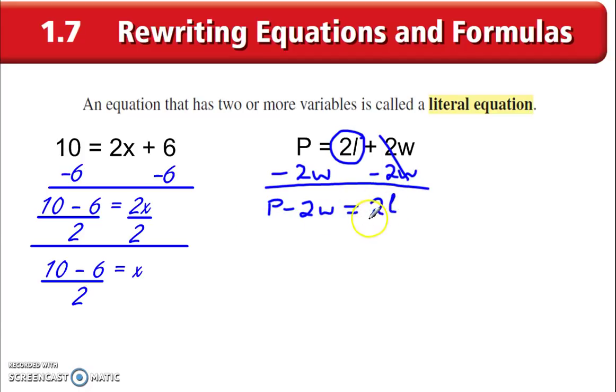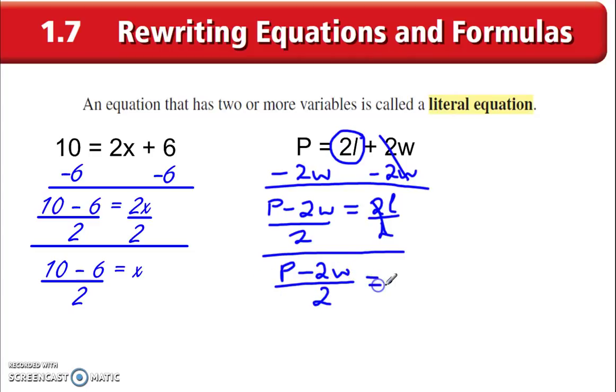And now I want to divide by 2, same steps I was doing over here. Divide by 2 on each side. That cancels out the 2's, and then I have the length is perimeter minus 2w divided by 2. So now, anytime I know the perimeter and the width, I can easily find the length, because I've solved for L.